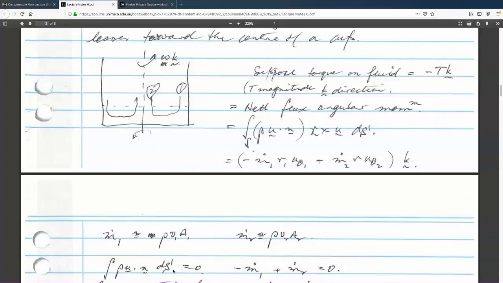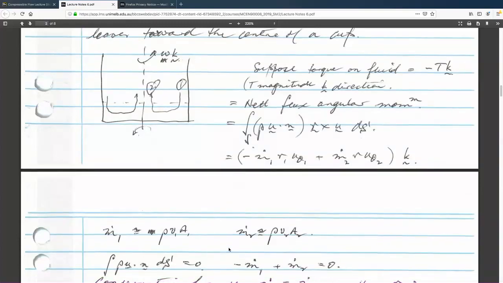But I know from conservation of mass, this is steady flow, the density is not changing, the net mass flux out has to be 0. So because this is a u dot n, I'll have a minus m1 plus m2 has to be 0. So it's telling you the obvious that m1 is equal to m2. Must be true by conservation of mass. You can't have any mass out that's different from the mass coming in without the mass in the volume changing.